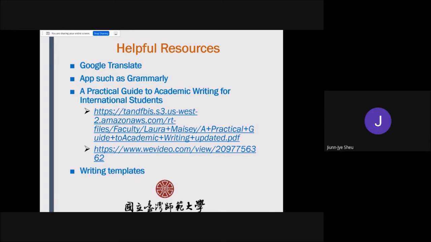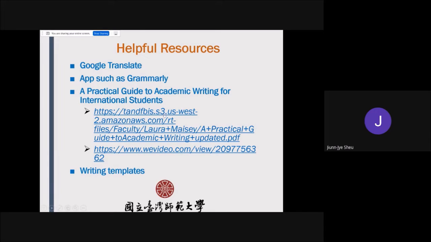It helps a lot, but it's only, in my experience, about 60–70% accurate. Other software or app like Grammarly, you can download that and pay for it. This is a fee-based app.